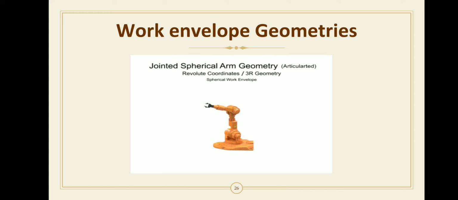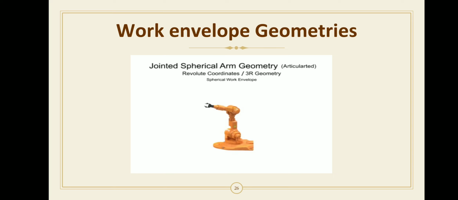In that SCARA robot, the shoulder joint and elbow rotation axes are vertical. This robot also has two revolute joints and one prismatic joint. That's why the motion configuration of the SCARA robot is RRP: revolute, revolute and prismatic.